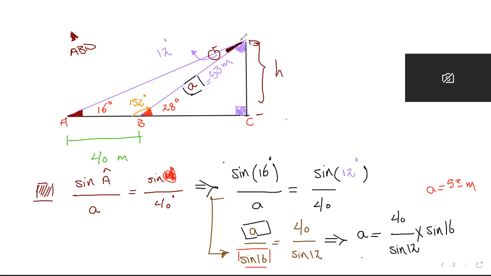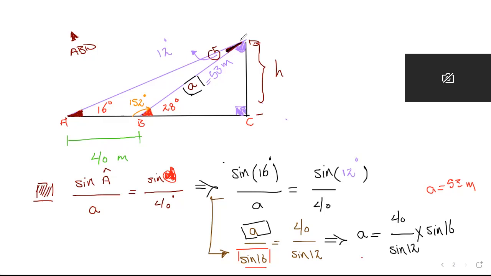One of them is sine, the other one is tangent. Which one is going to be relevant for us? We have the hypotenuse and we have the angle. What is the definition of the sine 28? Opposite over hypotenuse. That's right, opposite over hypotenuse.